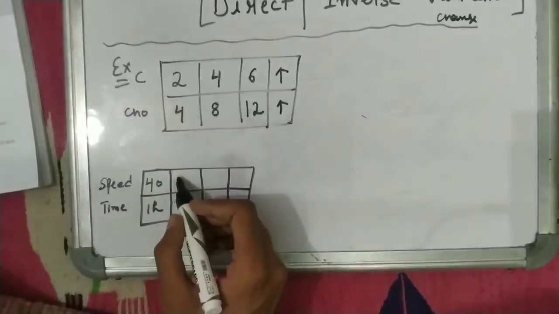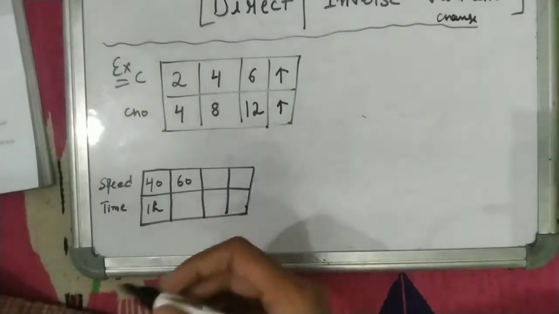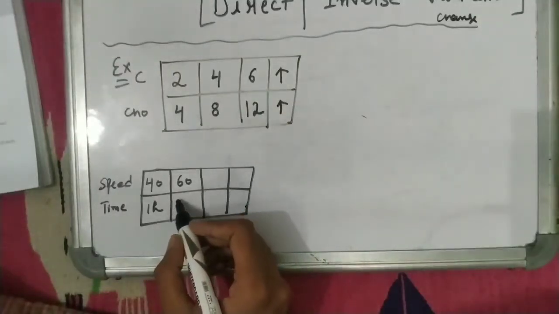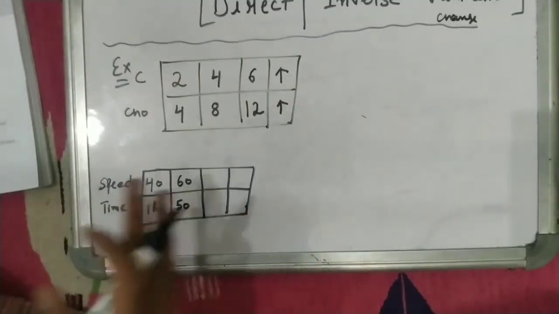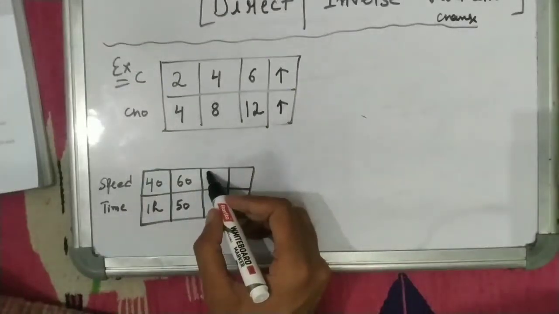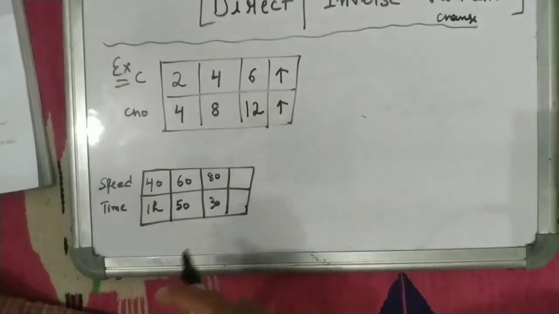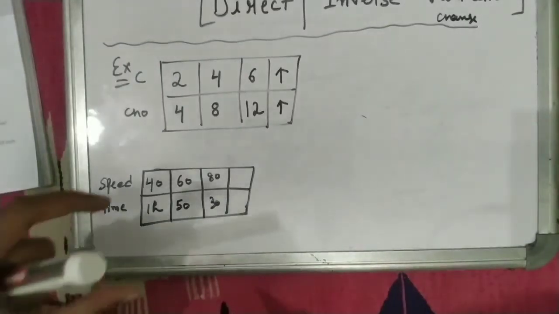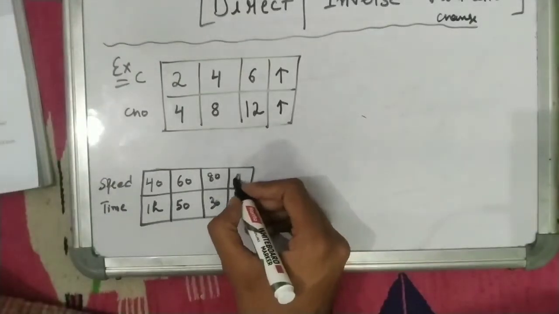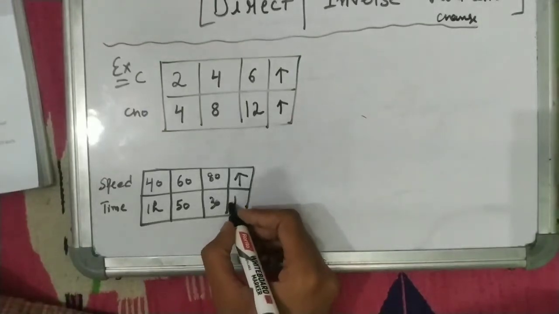Now speed is 60 km per hour, and my car takes 50 minutes. In the same way, if my car goes 80 km per hour, the car will take 30 minutes. Now you see that by the increase of speed, the time is less.